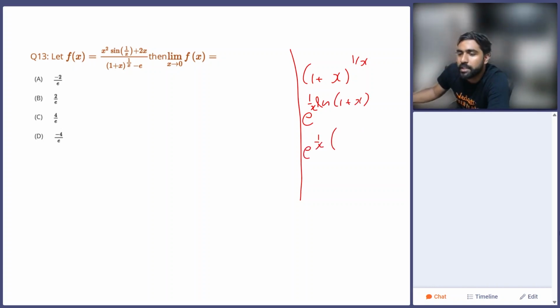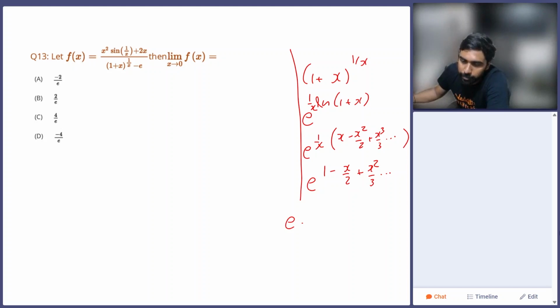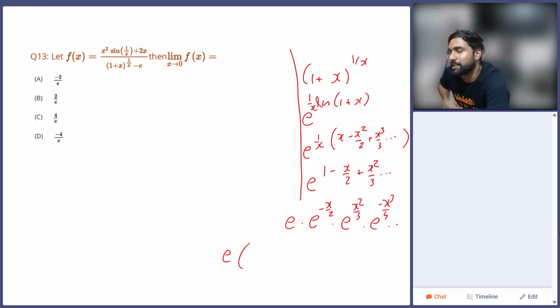Now, the expansion of ln 1 plus x is x minus x square by 2 plus x cube by 3 and so on, which now becomes e power 1 minus x by 2 plus x square by 3 and so on. I can write it as e multiplied by e power minus x by 2 multiplied by e power x square by 3 multiplied by e power minus x cube by 4 and so on.